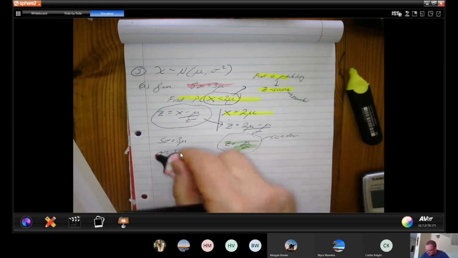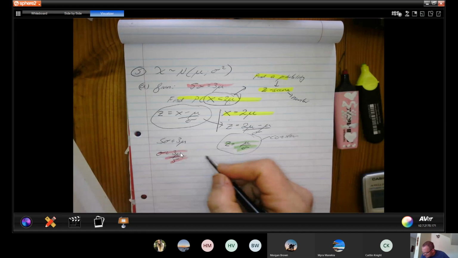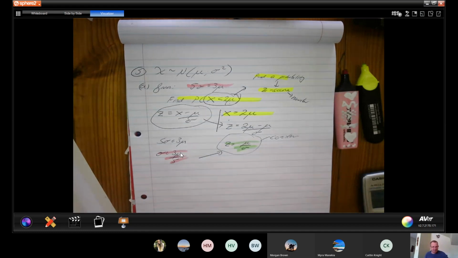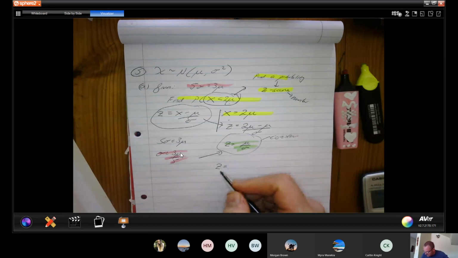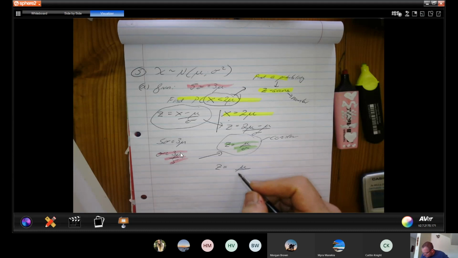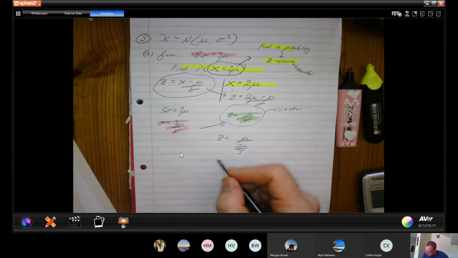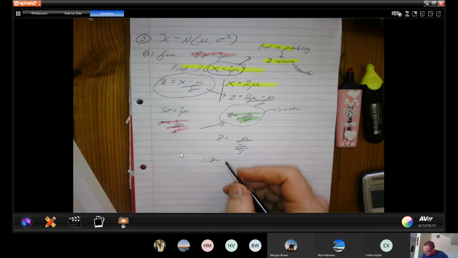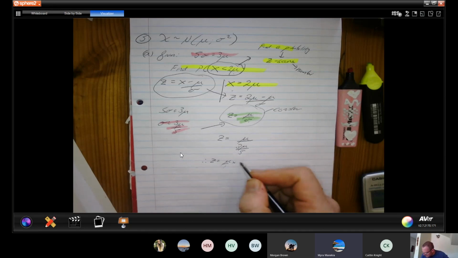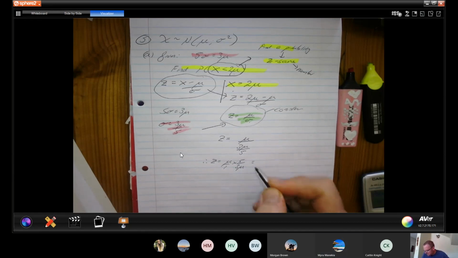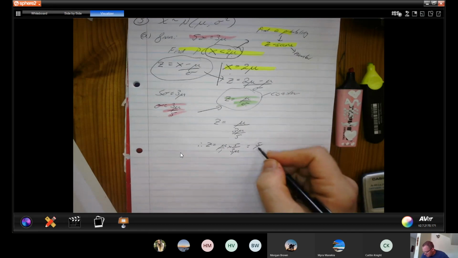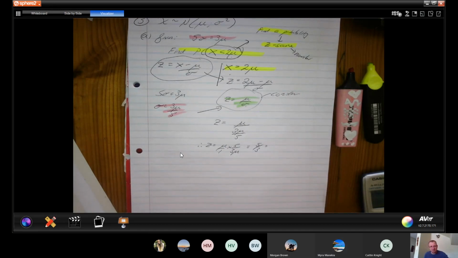Now if I sub that in, you're going to get rid of your variables. So Z is equal to mu over, I'll replace sigma with 3 mu over 5. And if I flip and multiply, I get Z equal to mu over 1 times 5 over 3 mu, which is 5 over 3, which is what I wanted.